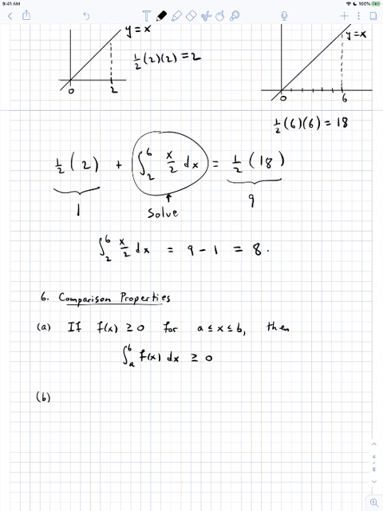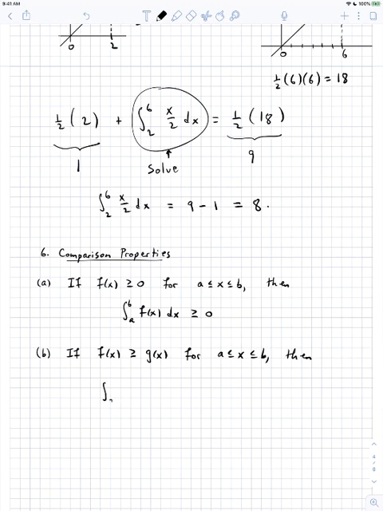Property B, if f of x is greater than g of x for a less than or equal to x less than or equal to b, then the integral from a to b of f of x dx is greater than or equal to the integral from a to b of g of x dx.